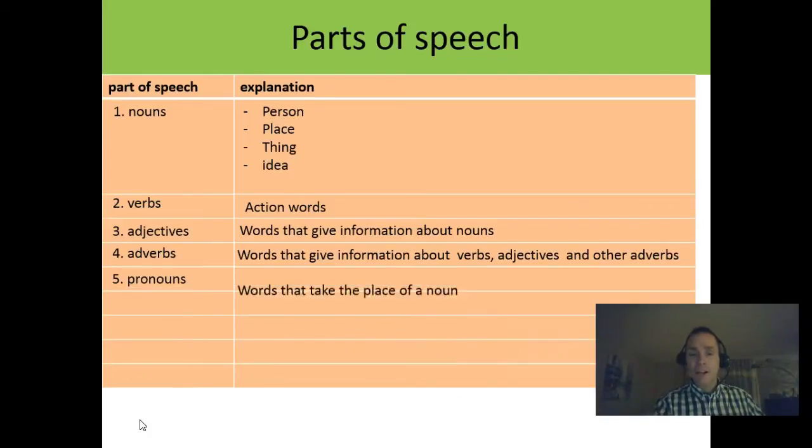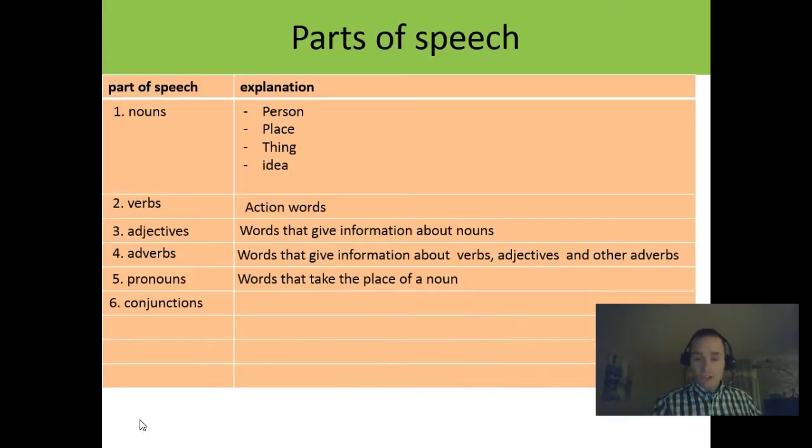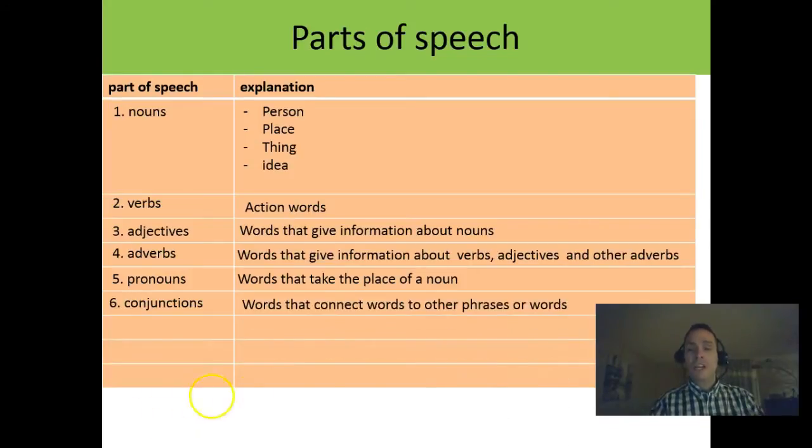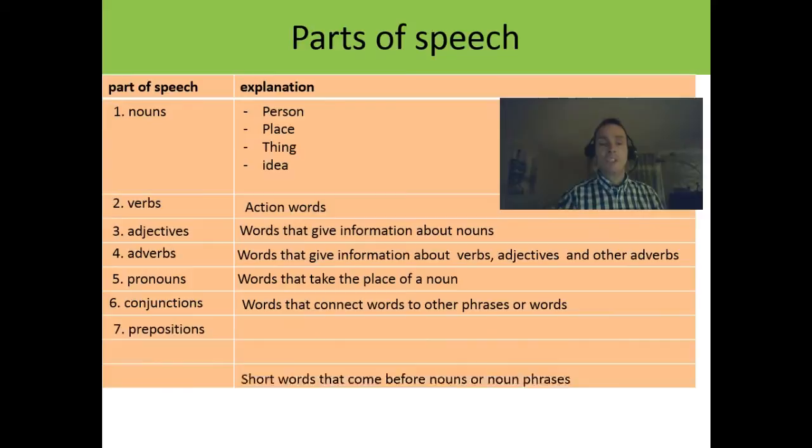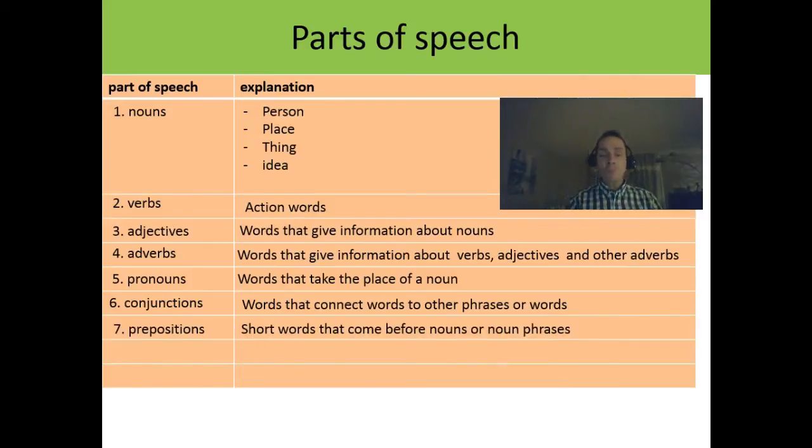Then we've got pronouns, which is a word that takes the place of a noun. And we've got conjunctions. And these are words that connect words to other phrases or words. Part of speech number 7 are prepositions. And these are short words that come before nouns or noun phrases.